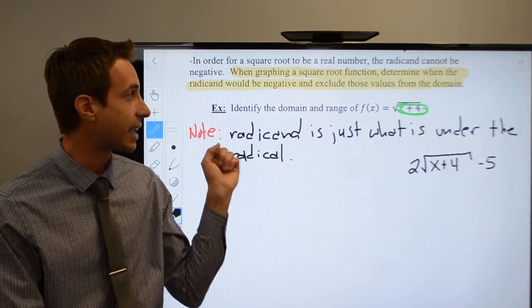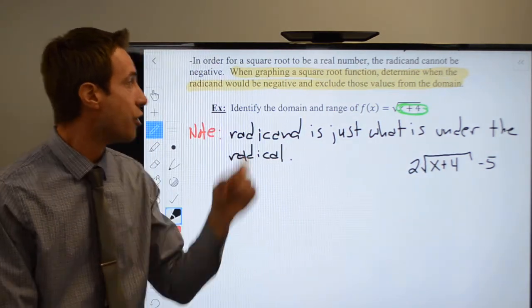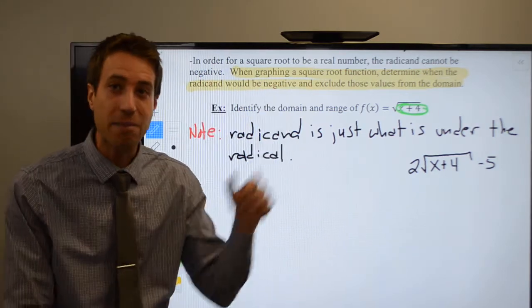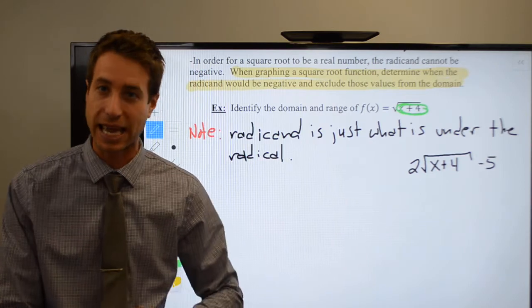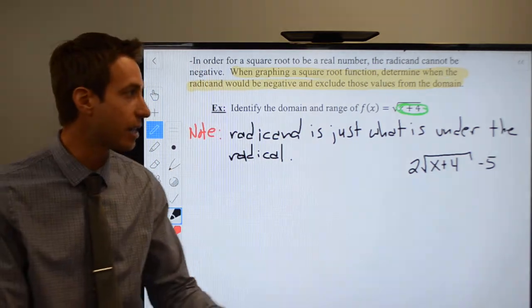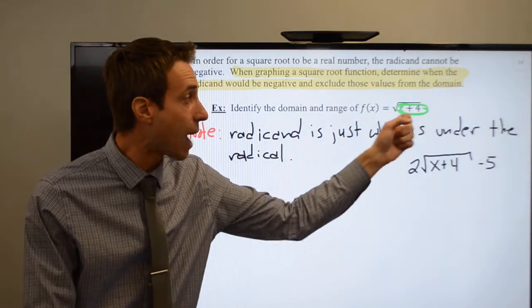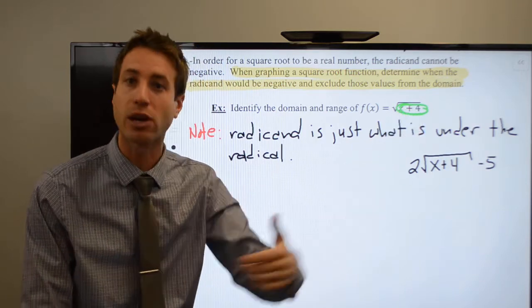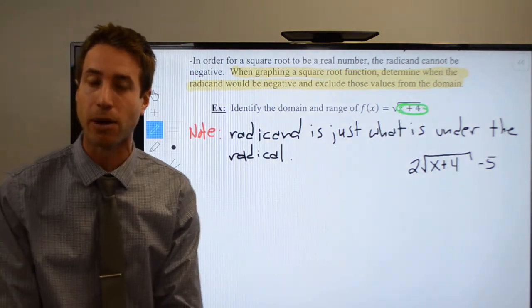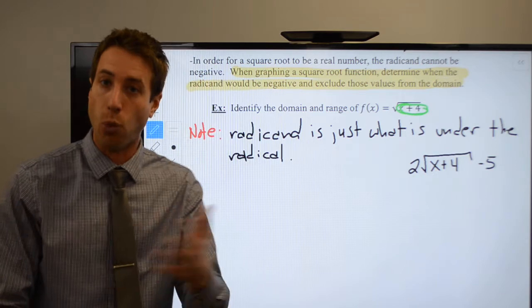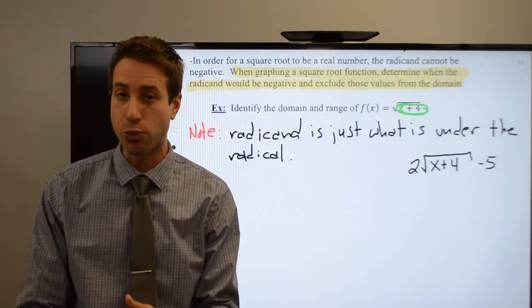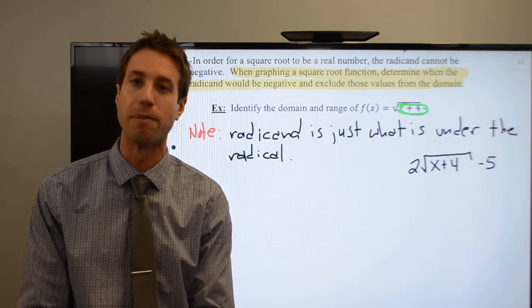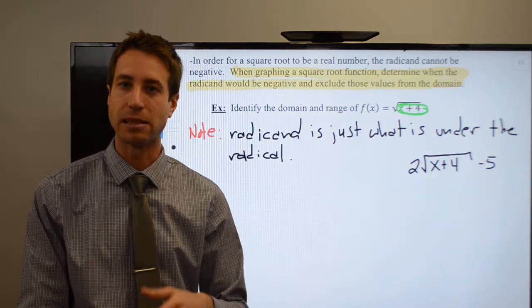That's the radicand. Now, here's what I'm telling you: the radicand can't be negative. You guys know why, but let's review that real quick. If the radicand, this x plus 4, comes out to be a negative number, then you're taking the square root of a negative number, which we know is imaginary.